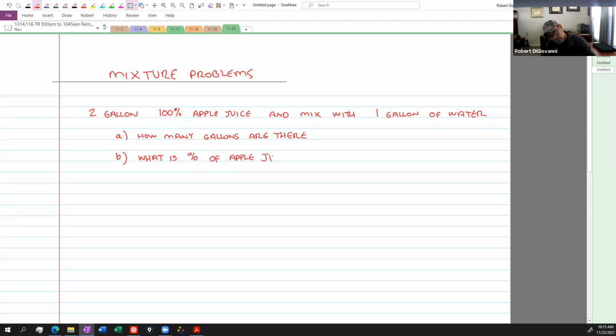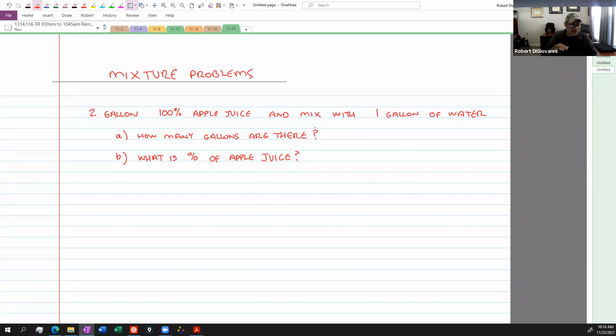By taking the apple juice and mixing it with water, it's going to dilute it. It's not going to be as strong. I want to know what the percentage of apple juice would be after we mix these together. Does everyone understand the idea here? Like what we're trying to do?